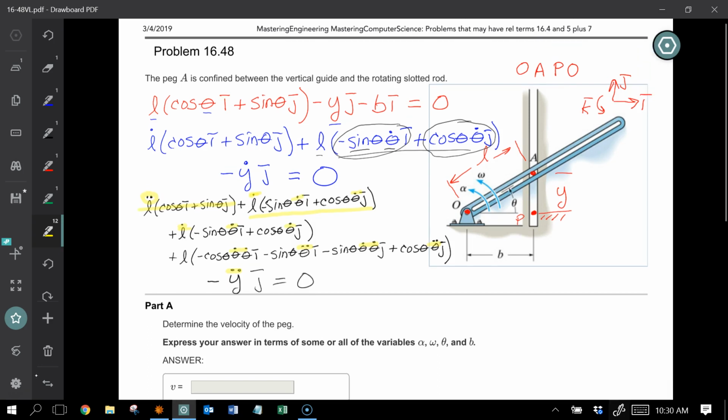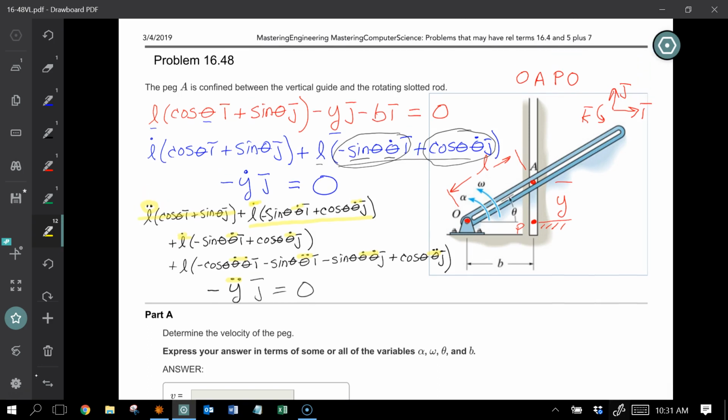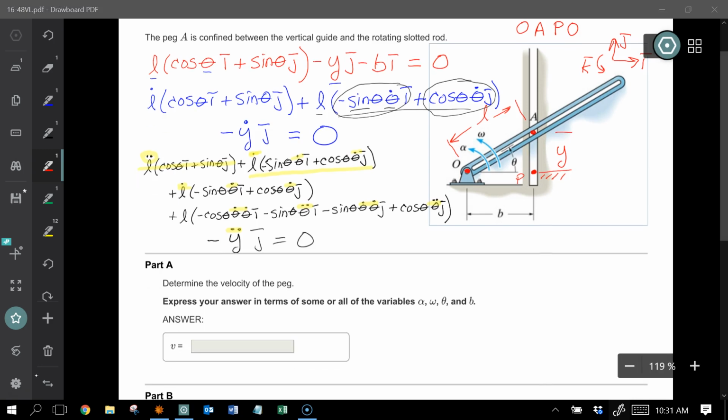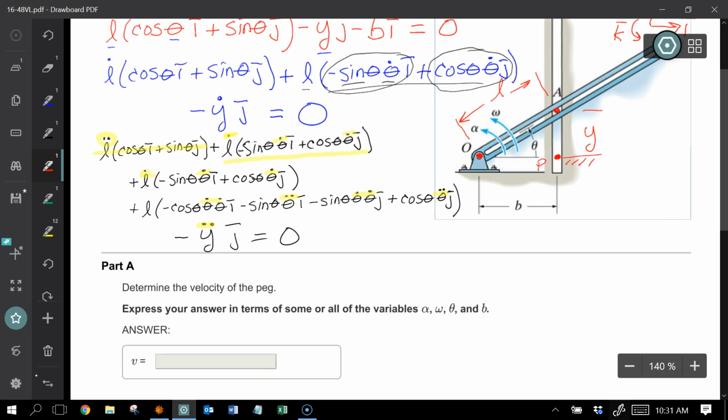Okay, so to solve this, you can go in and do the red equation. You take the i's equal to the i's, j's equal to the j's. In this case, that would be L cosine theta minus b equals 0.